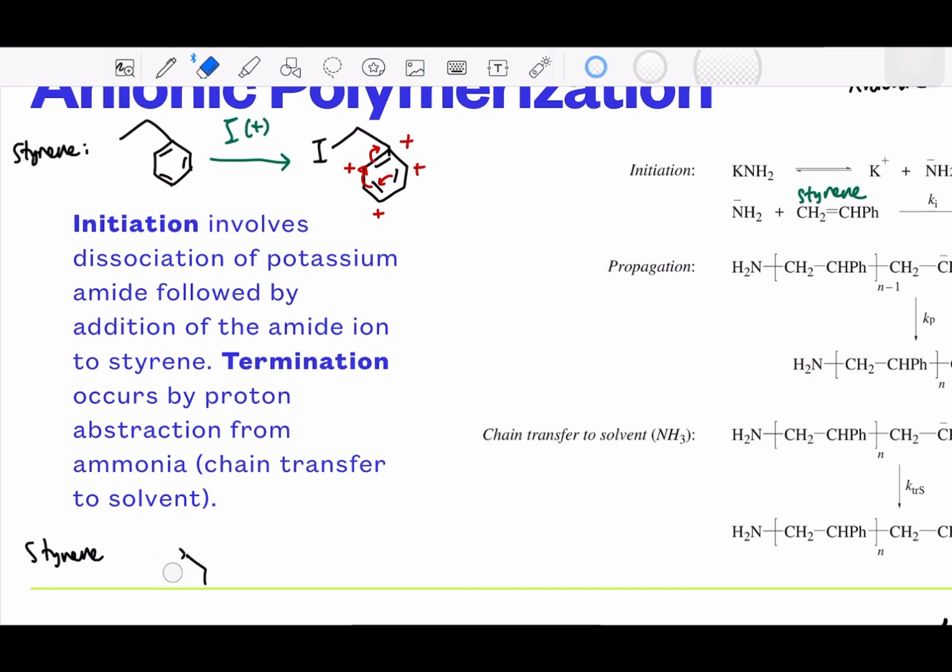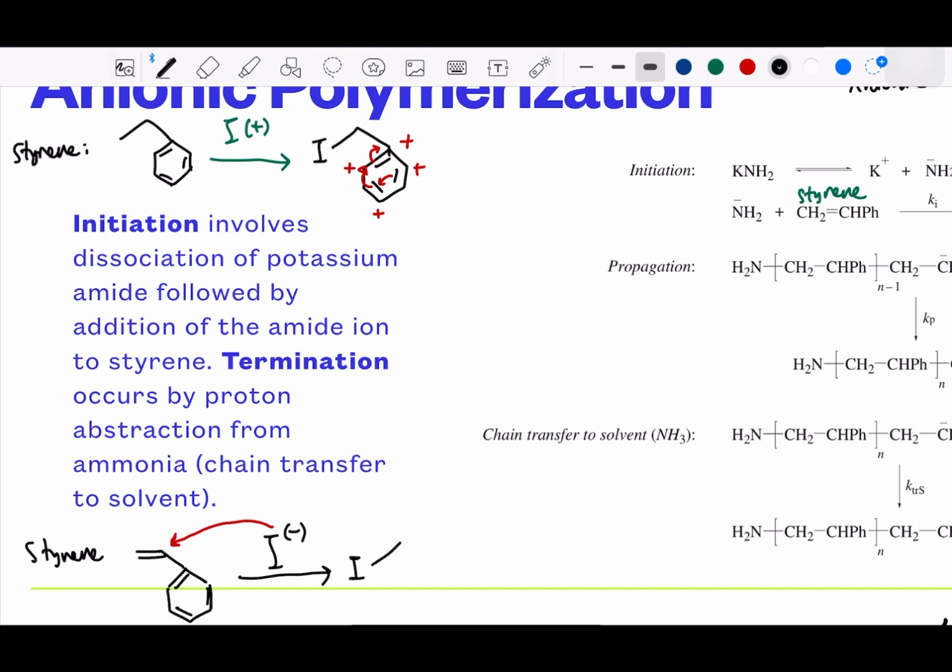For example, if we take the double bond here and take a styrene here, then we can take this, and this will react to that side.